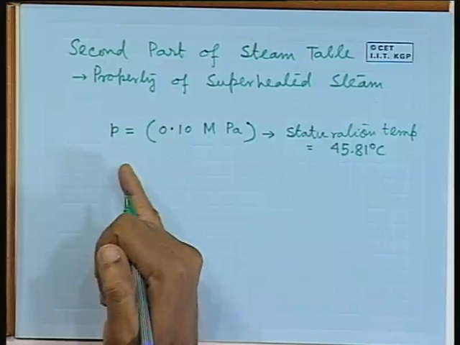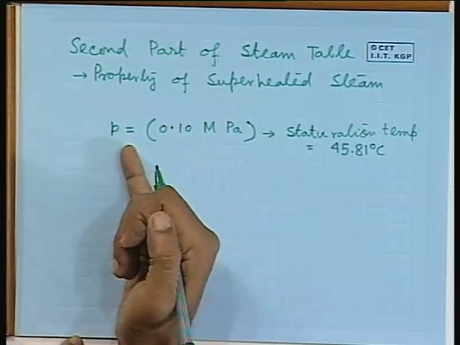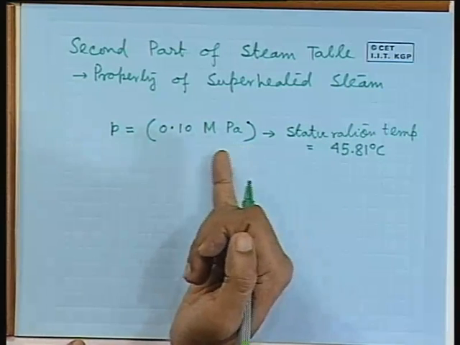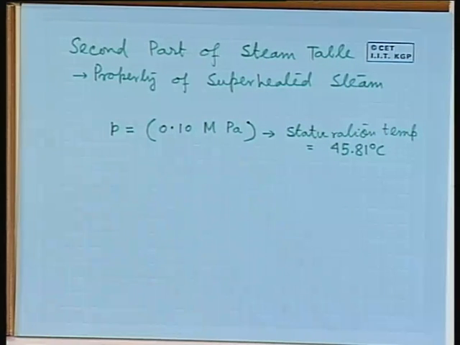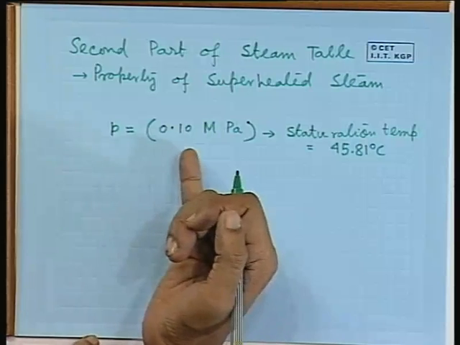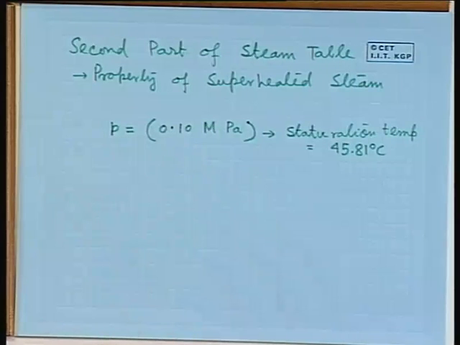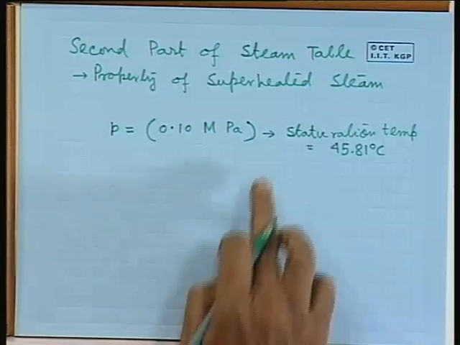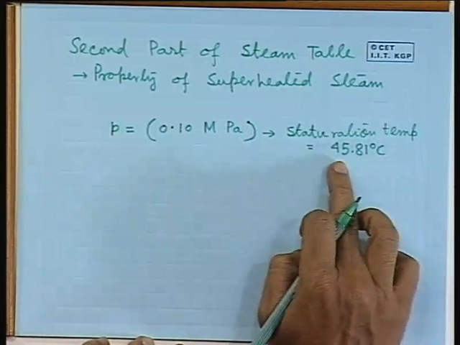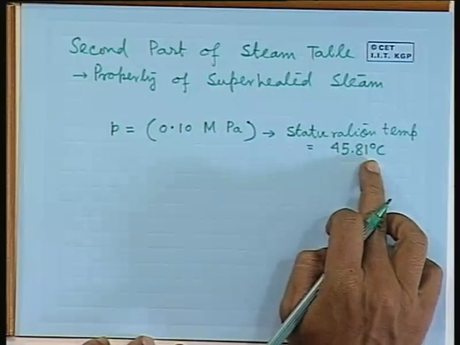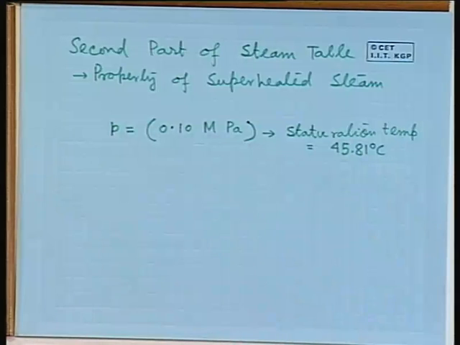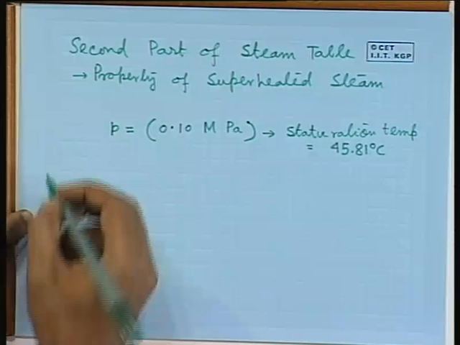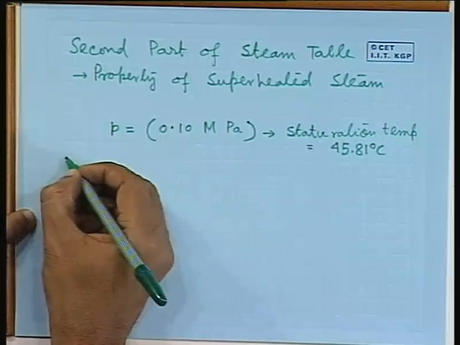So, we can have tabulation of the property of superheated steam for a pressure of 0.1 megapascal, which corresponds to saturation temperature of 45.81 degrees Celsius. So, the table looks like this.